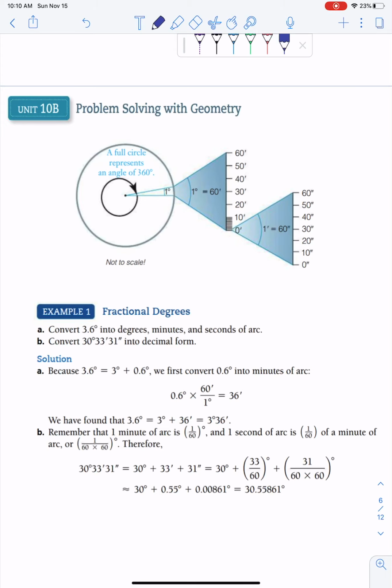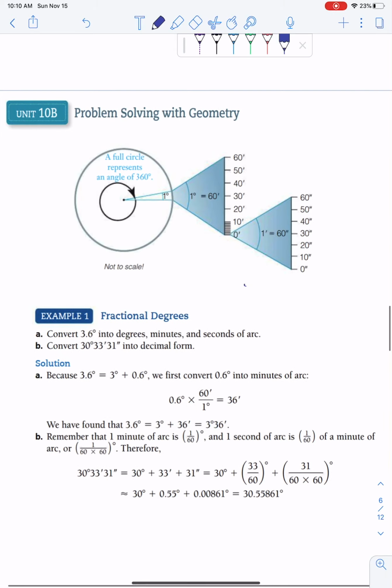So for example, if I were to say that my angle is 3.6 degrees, a lot of people, and in some branches of the military, in some branches of science and physics and engineering, they don't like decimal fractions or fractional degrees. They use what is called minutes and seconds.